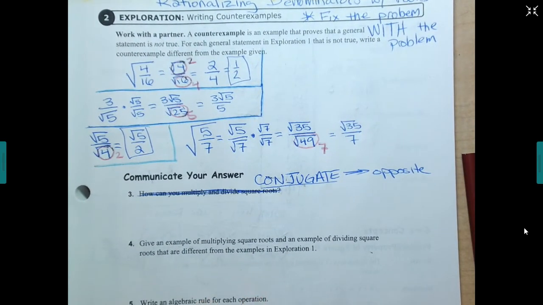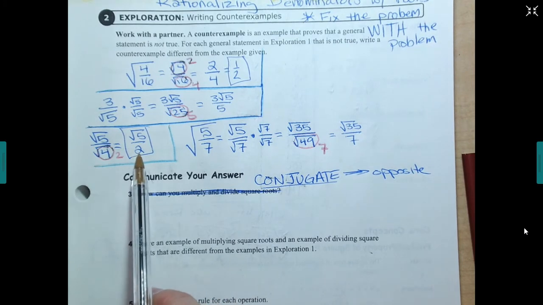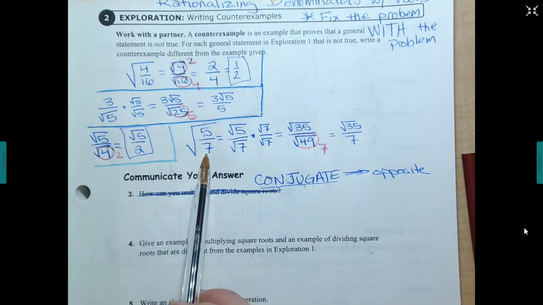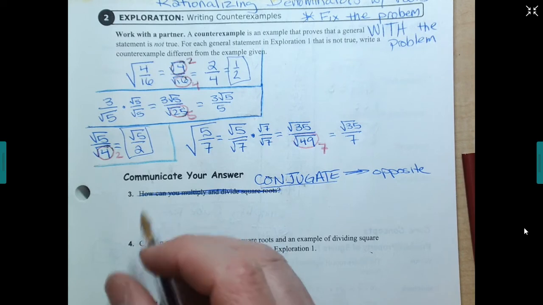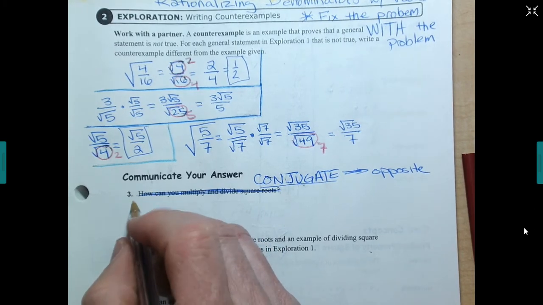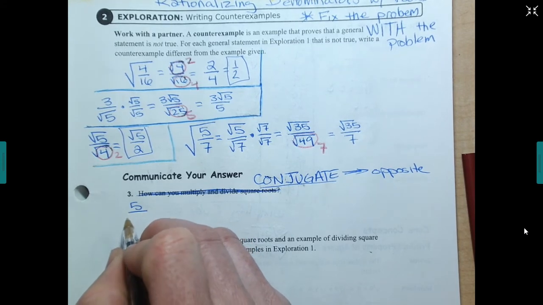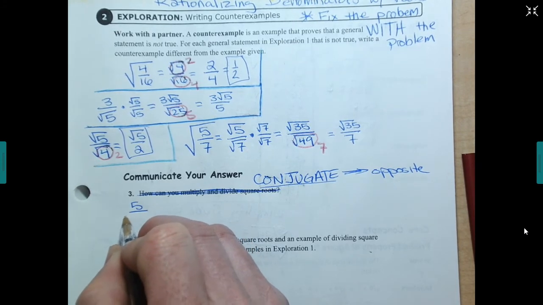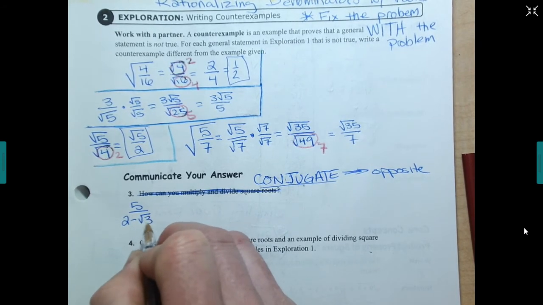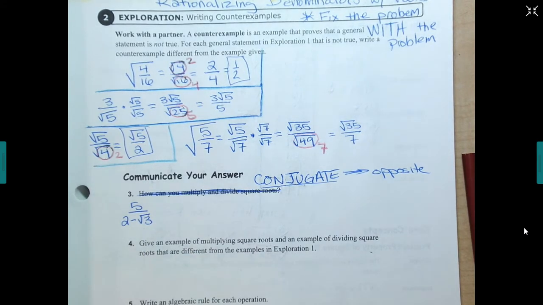So why do you need to know that? Well, sometimes our denominators aren't this simple. Let's say you have something like 5 over 2 minus the square root of 3. Oh boy, we have a square root of 3. Now, unfortunately, since there's a minus here, this is a binomial.